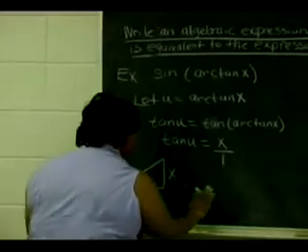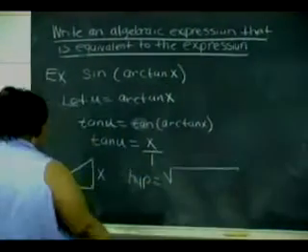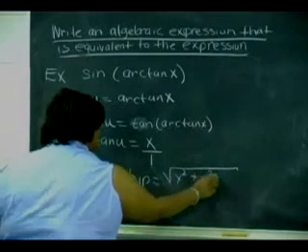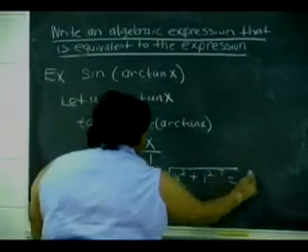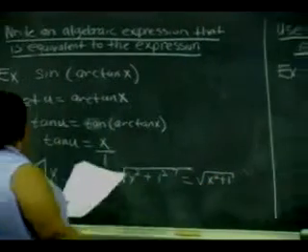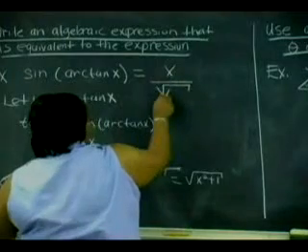Hypotenuse is the square root of what? Opposite squared plus what? Adjacent squared, which is the square root of x squared plus 1, which means sine u is opposite over hypotenuse.